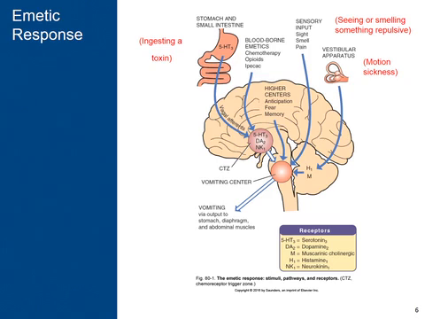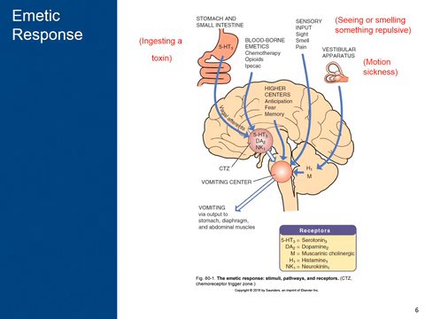Sensory inputs like taste, sight, smell, memory, emotion can lead to nausea and vomiting. So just seeing or smelling something repulsive can instantly cause patients to feel nauseated or even in some cases vomit.